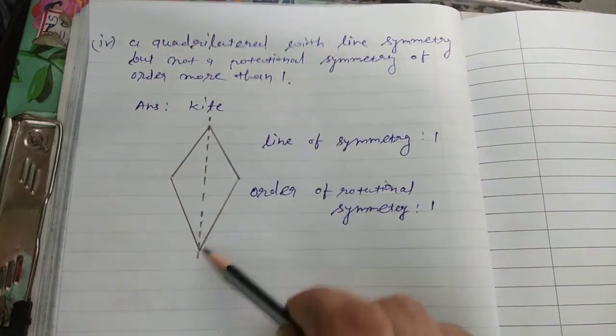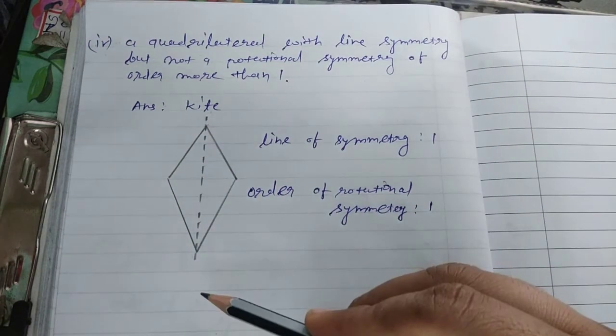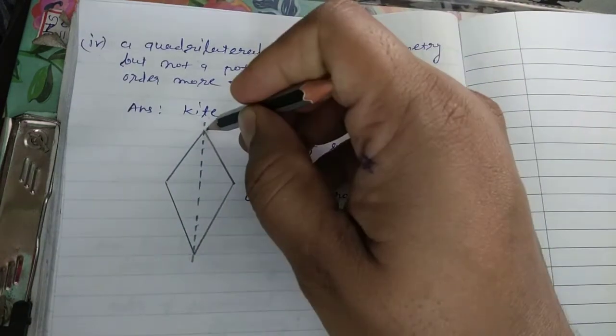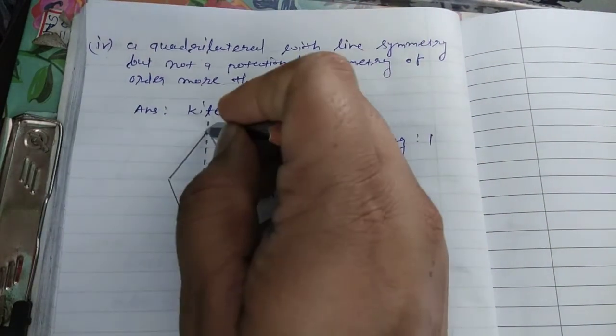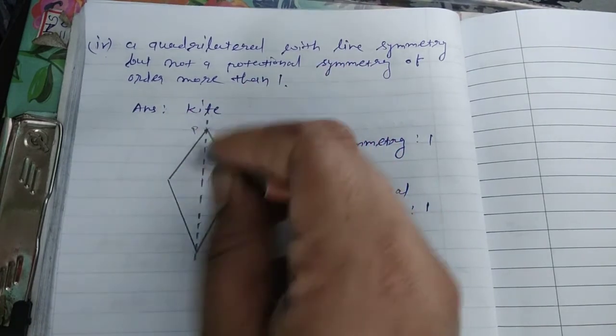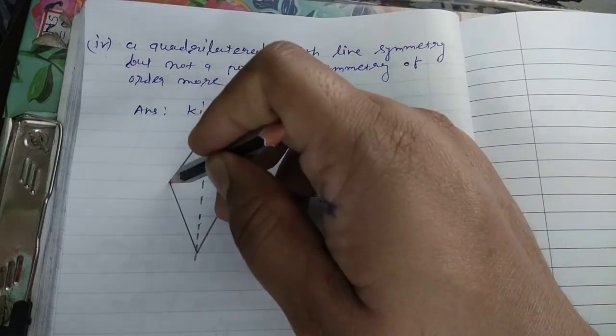A kite is a quadrilateral which has one line of symmetry, that is this line, and the order of rotation is only 1. If we move this kite in an anti-clockwise direction, and take this point as P, and move it in such a way that this P comes here, we see the shape after rotation.